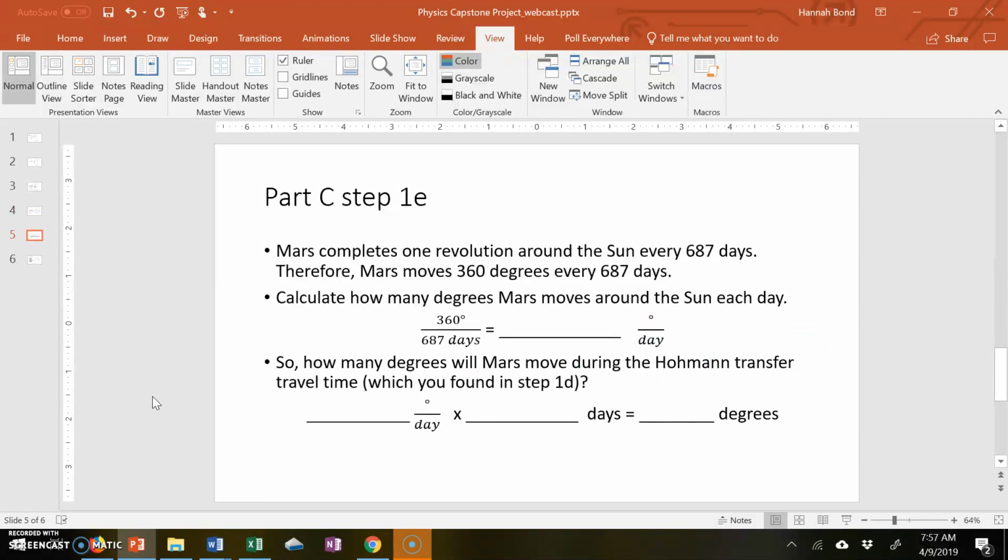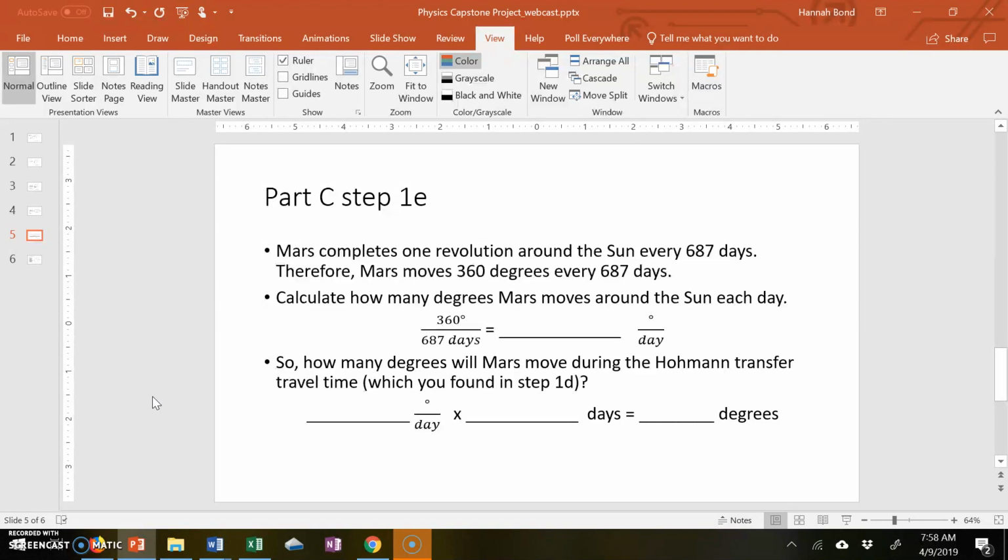In step 1e, you find out what position Mars is in when the spacecraft launches out of its Earth orbit. So Mars completes one revolution around the Sun every 687 days. In other words, Mars moves 360 angular degrees every 687 days. So first, calculate how many degrees does Mars move around the Sun in one day.